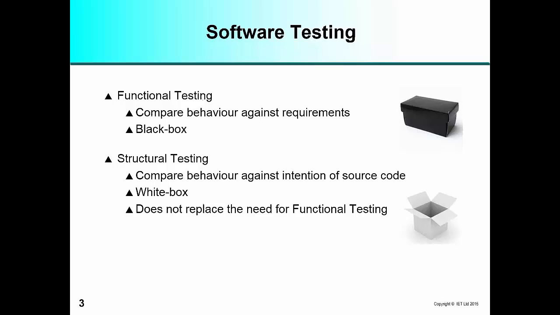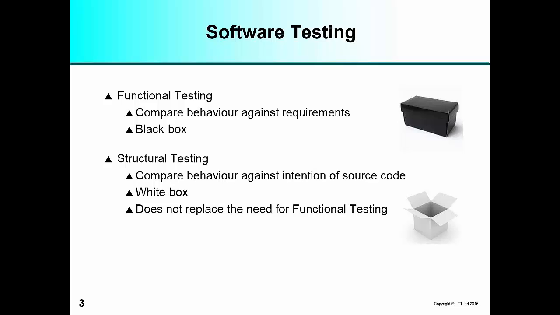If we look at the discipline of software testing, typically software testing is categorized into either functional testing or structural testing. Functional testing is where you're testing the application's behavior against the user's requirements, and it's sometimes called black box testing because you don't really care what the internals of the software is.